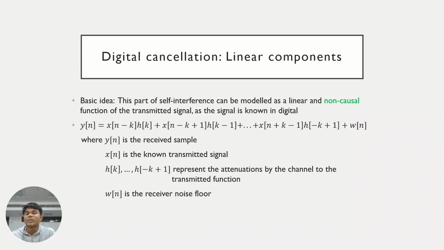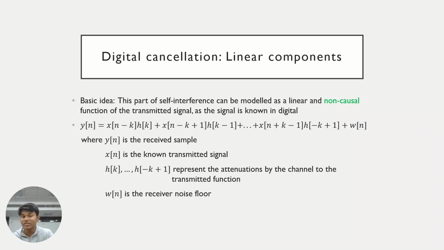How do we do that? We do that using k samples of the digital form that we have, and we model it using this equation where y of n is the received sample and x of n is the known transmitted signal. So we are taking k samples of the known transmitted signal, and each sample is being multiplied by this coefficient, which is h of k and some delayed version of it.